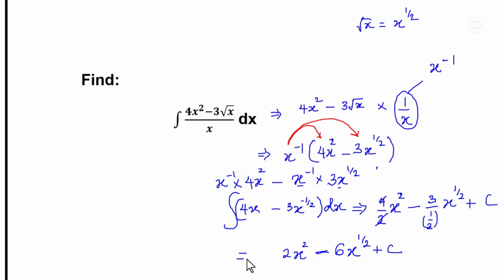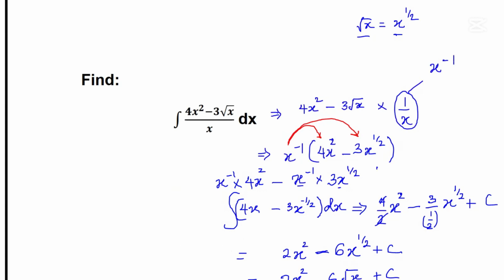Now we can rewrite this answer as 2x squared minus 6 root x plus c. Of course, you can see that root x is also equal to x to the power of 1/2. So 2x squared minus 6 root x plus c is the final answer to this question.